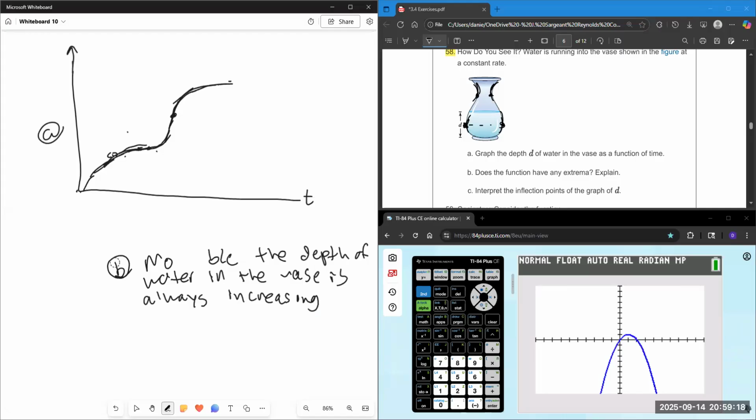Or you can say it's non-decreasing. Let me say it that way. It's non-decreasing. Right? So there's no extrema.